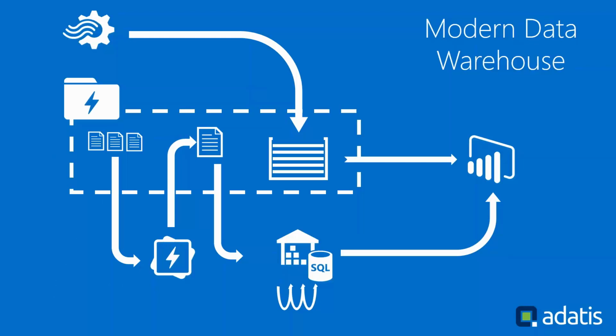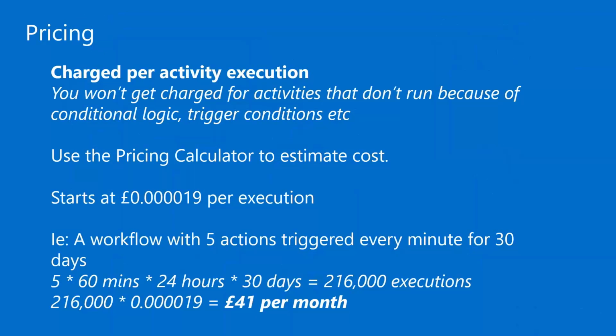So a little bit about pricing. You are charged per activity execution. So that means if the very first thing that happens is it makes a decision going, oh, I don't need to run, this isn't the right type of file, or there were no tweets with the right hashtag, only the first initial thing will charge, then nothing else will. So that price, 0.00019 pounds per activity execution.